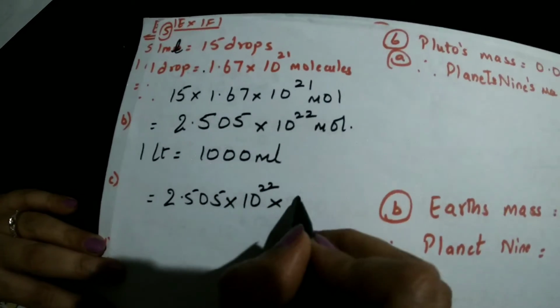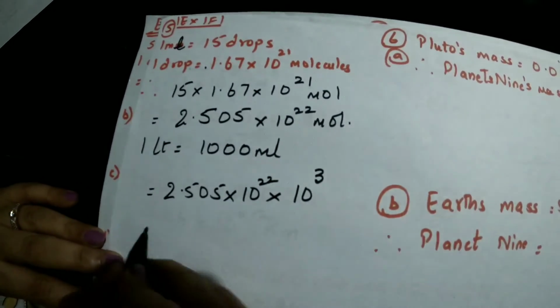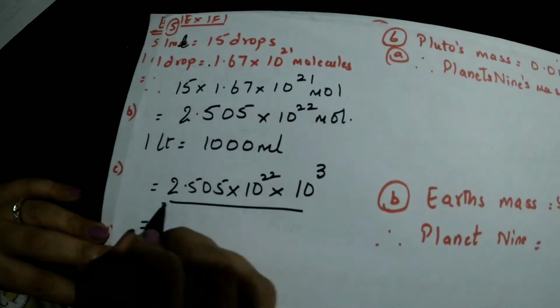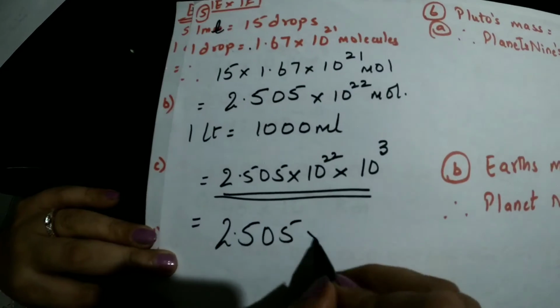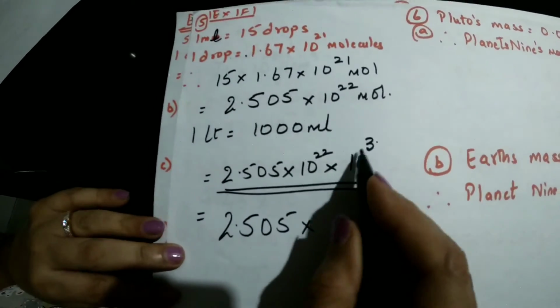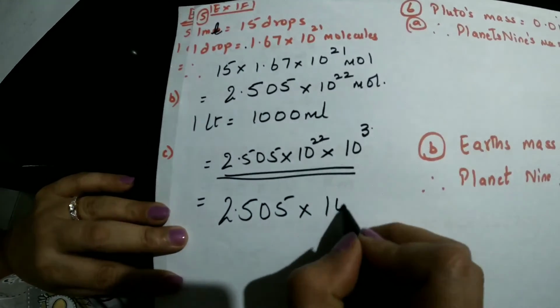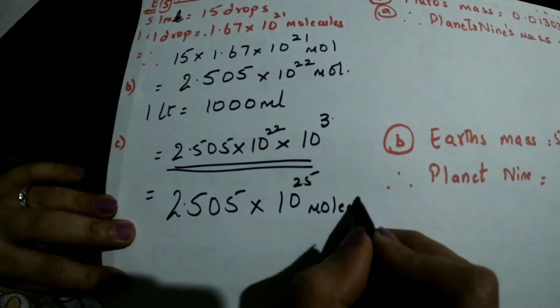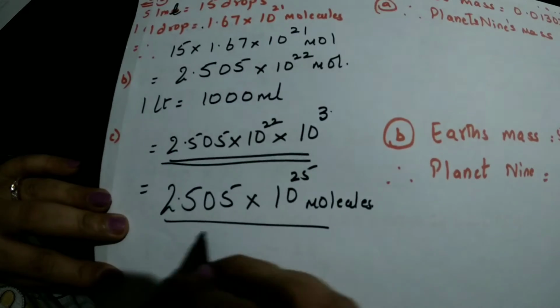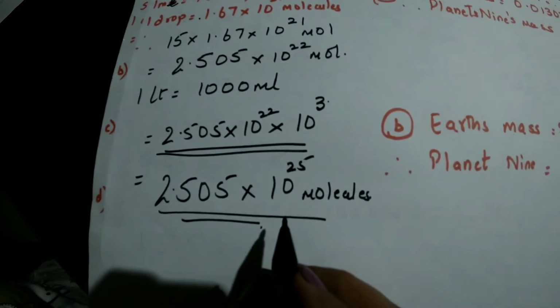Now 1000 I can also write as 10 raised to 3. So when you calculate this, your answer will be 2.505 into 10 raised to 22 plus 3, that is 25 molecules. This is the final answer.